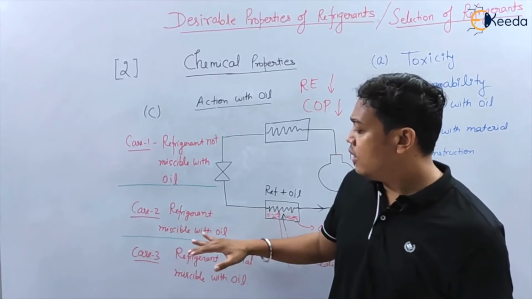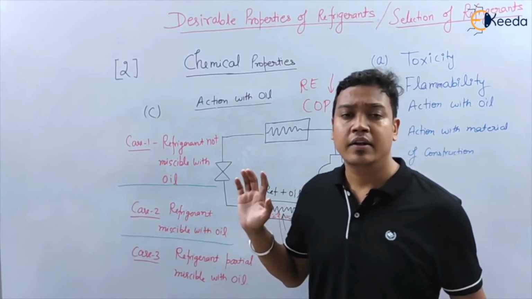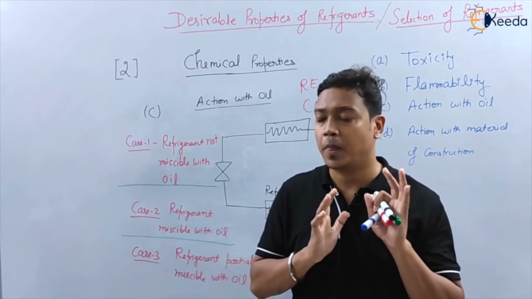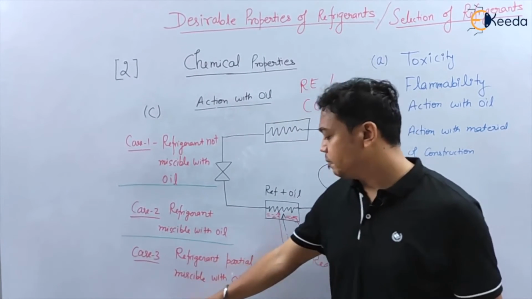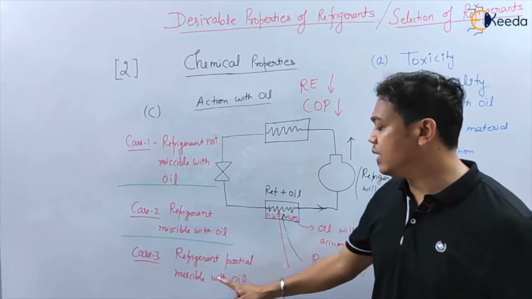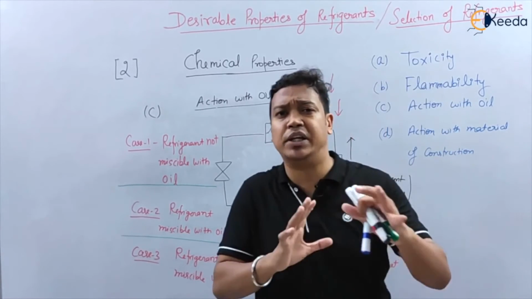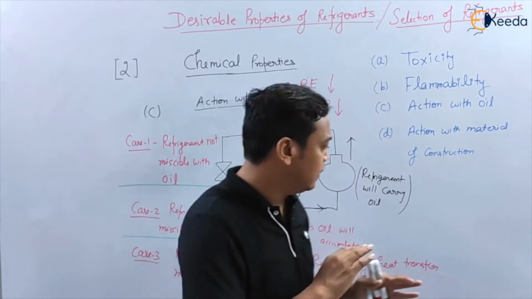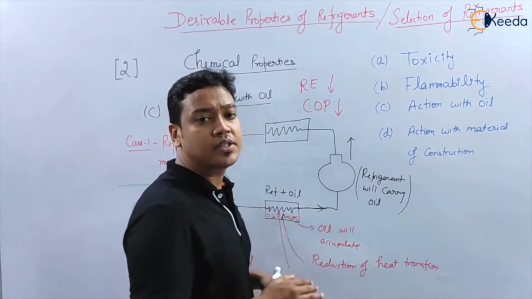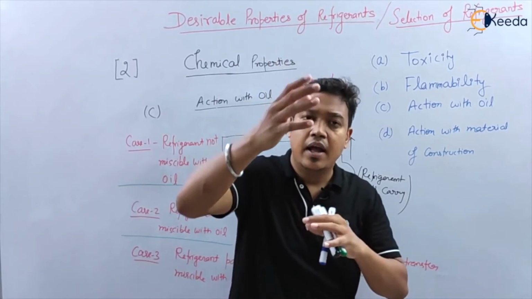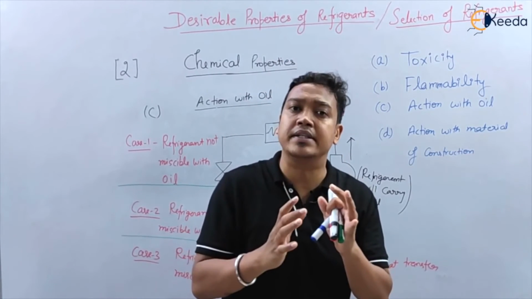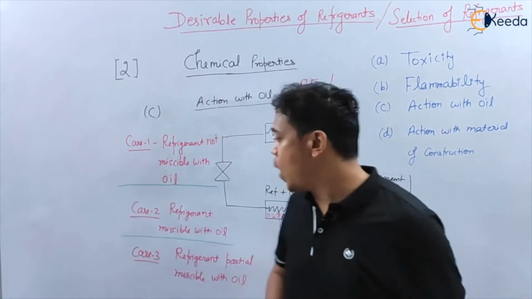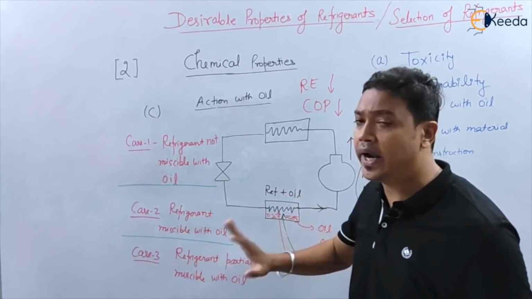Case 2, refrigerant miscible with oil, that means there is a proper mixture of oil and refrigerant. Case 3, refrigerant partially miscible with oil, a partial mixture, where somewhat it is mixing and somewhere oil is separating. Let's see case 1, case 2 and case 3 one by one.